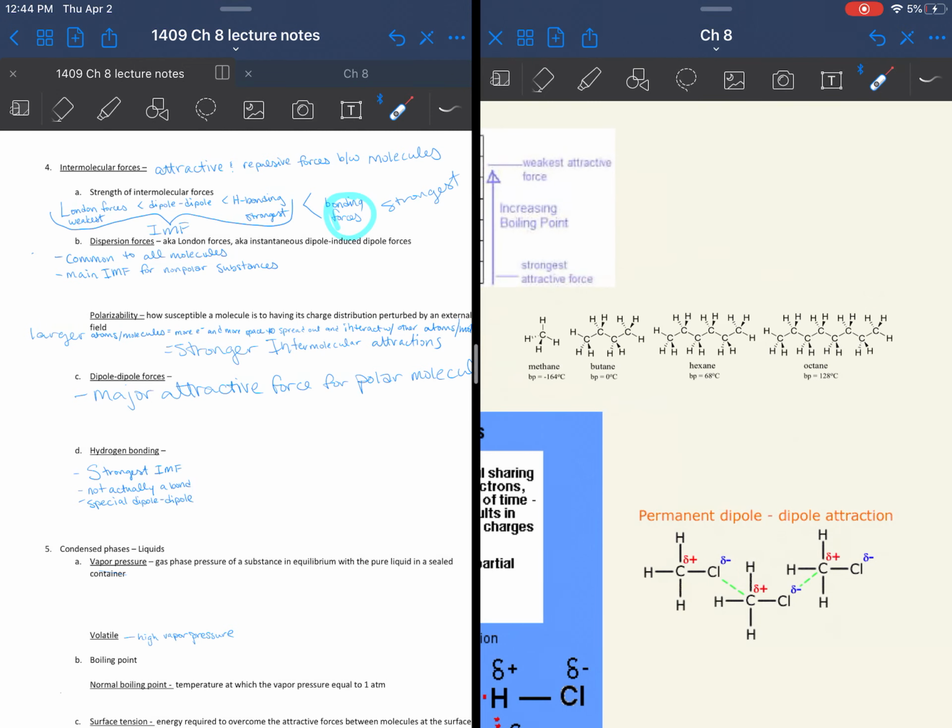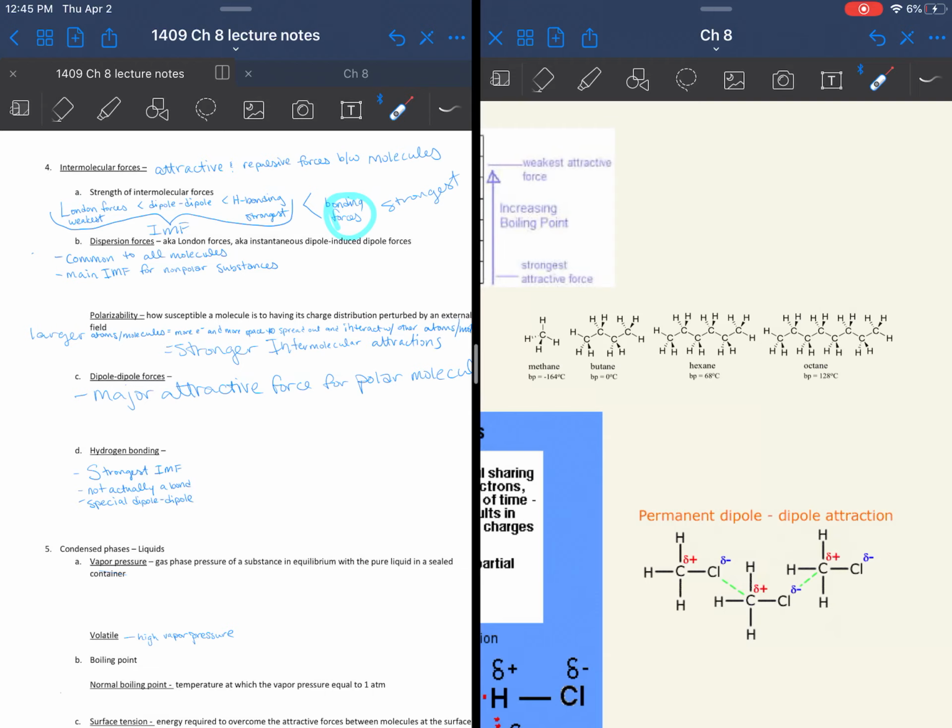If we think about covalent molecules, kind of focus in here on this picture, methane, butane, hexane, and octane are all carbon chains surrounded by hydrogens. They're considered very nonpolar. The C-H bond is not a very polar bond because of similar electronegativities, everything's very symmetrical, everything's very balanced.